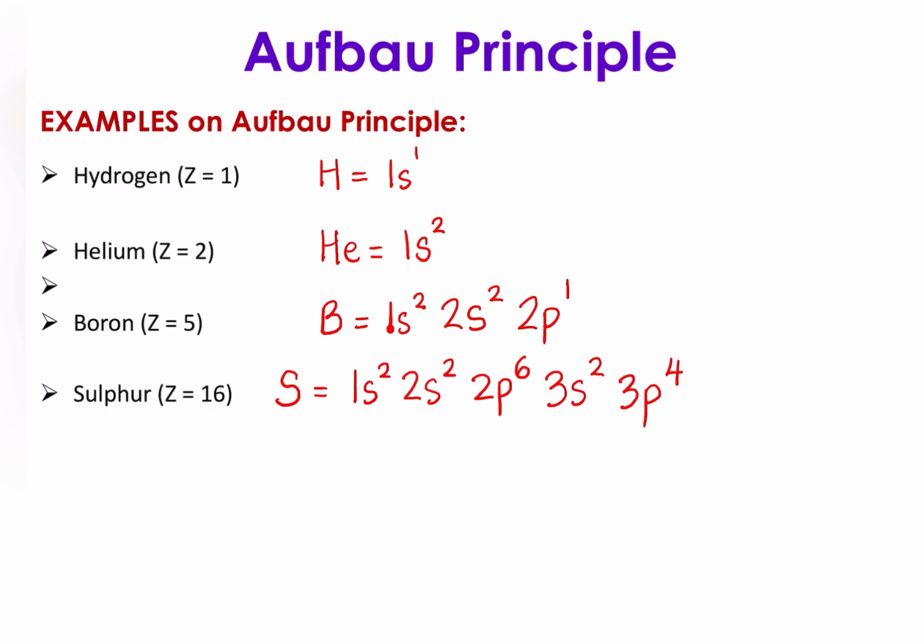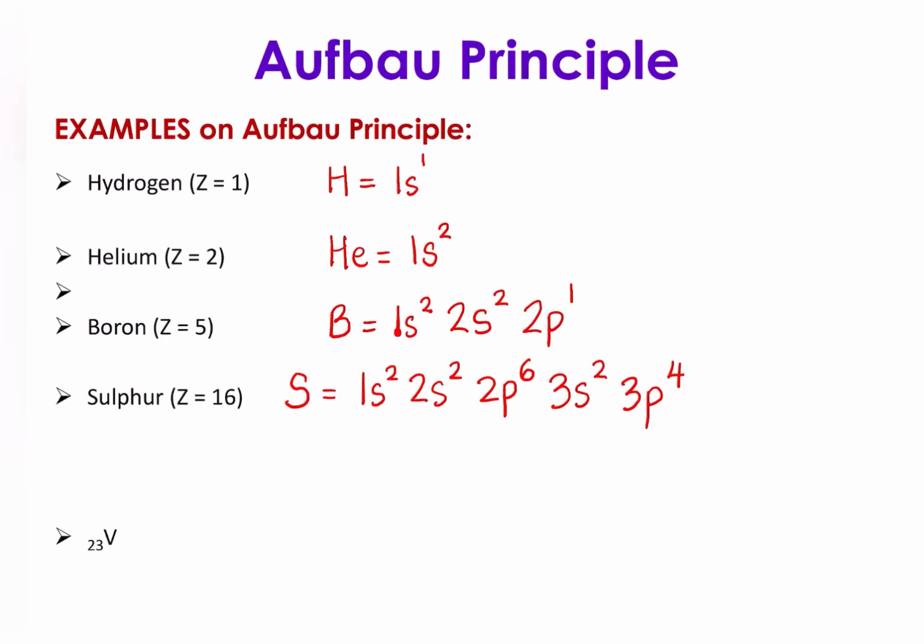Okay, case yang sama untuk vanadium. For example, vanadium, I want to draw in orbital diagram. Kalau lihat daripada hydrogen sampailah sulfur, saya guna SPDF notation. Right now, I want to use orbital diagram. So, how to do that? So, for vanadium, the symbol is V. So, I start with 1s dahulu. 1 orbital untuk s ada satu orientation.